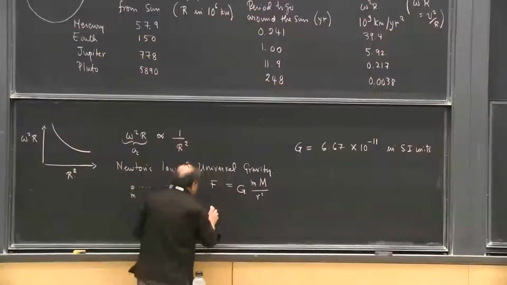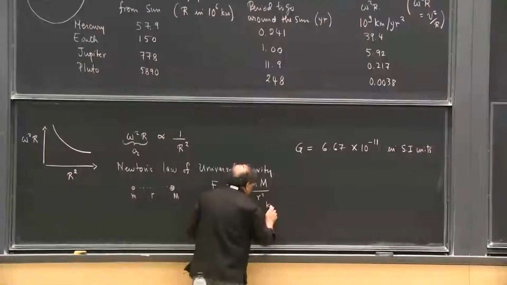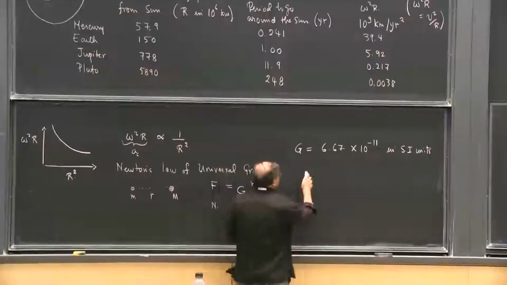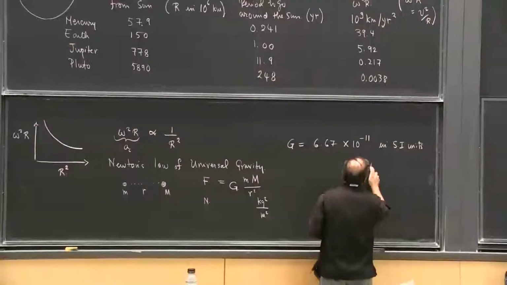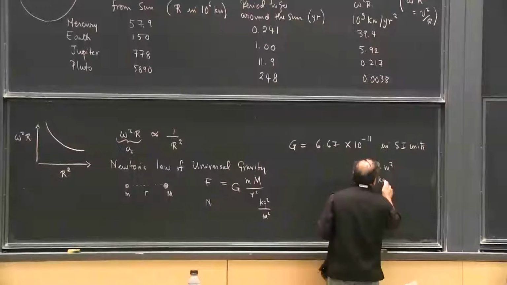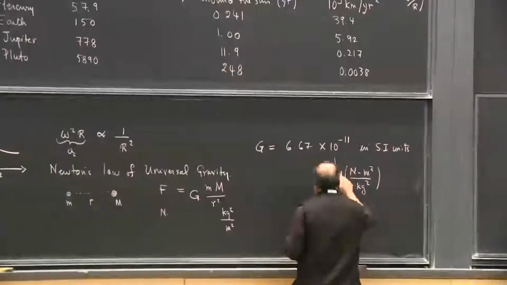We know this is in newtons. We know this is going to be in kilograms squared over meters squared. So the correct unit for G would be newton meter squared over kilogram squared.